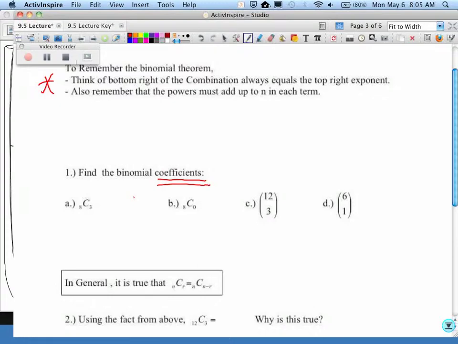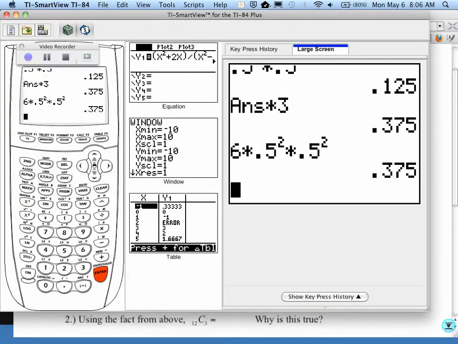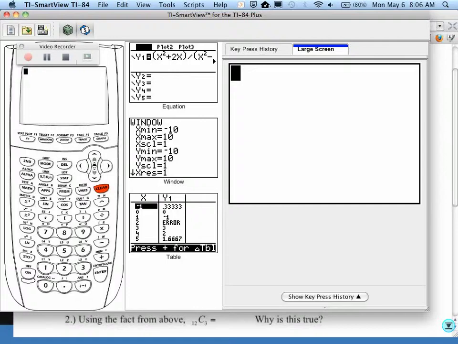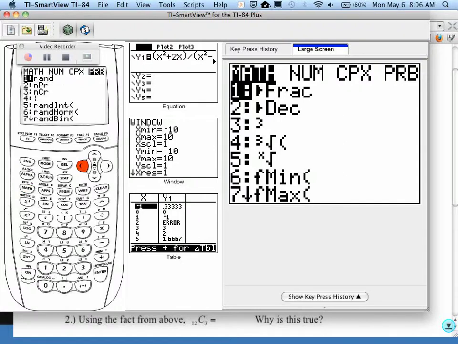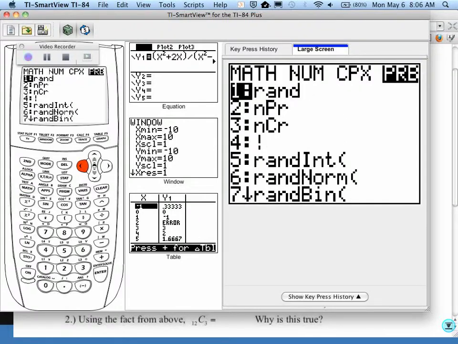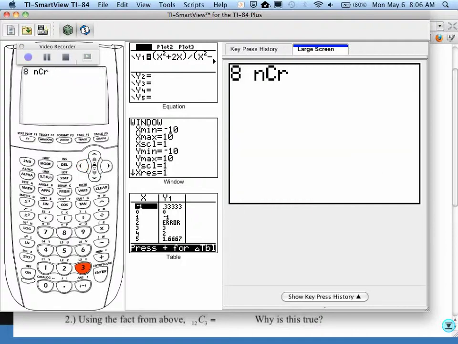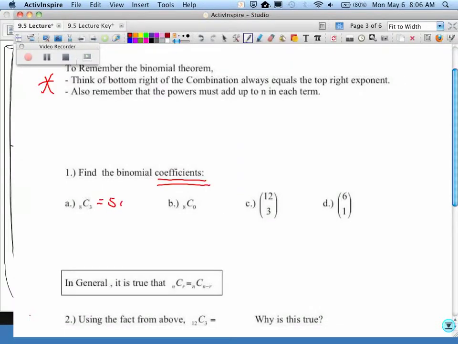Remember doing permutations, combinations? So 8C3, we'd probably just run to the calculator, put the first number in, 8. Hit my math button, slide over to the probability menu. There's our nCr, nPr, factorials. I'm going to do number 3, which is the nCr, and it was 8C3. And it tells me it's 56. What's 8C0? 1. Right.